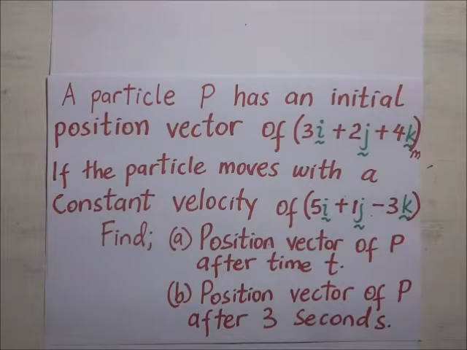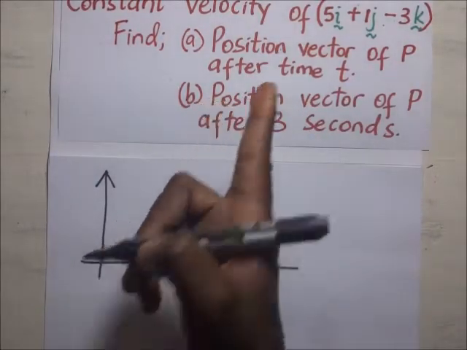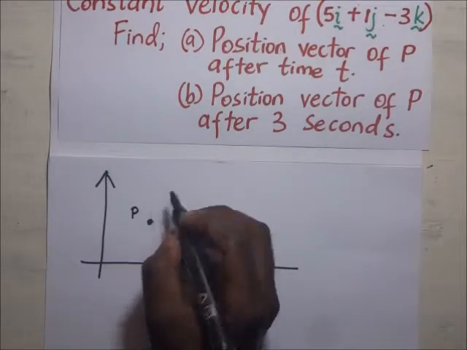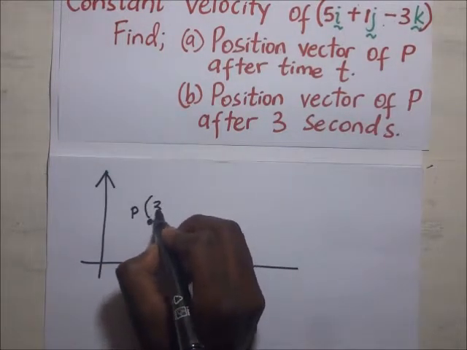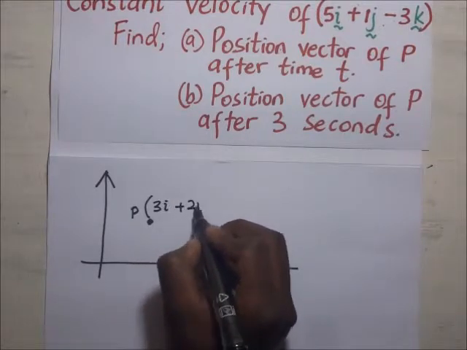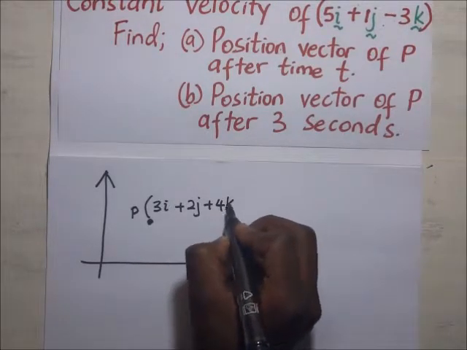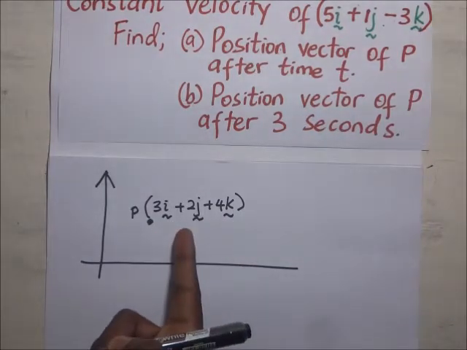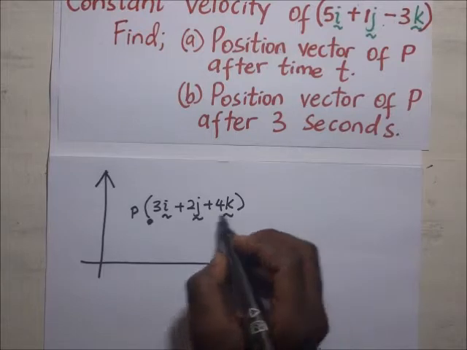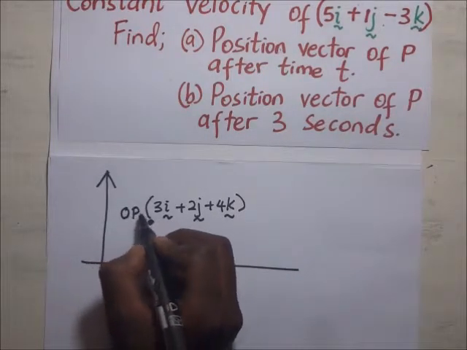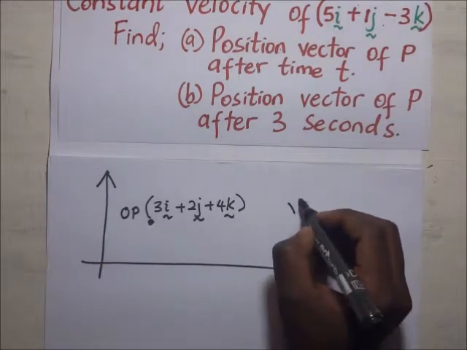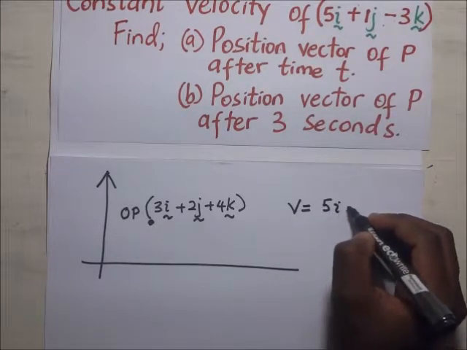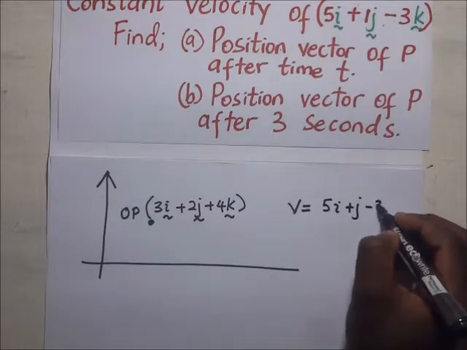Initially this particle p had an initial position vector of 3i plus 2j plus 4k, and then it moves with a velocity of 5i plus j minus 3k.